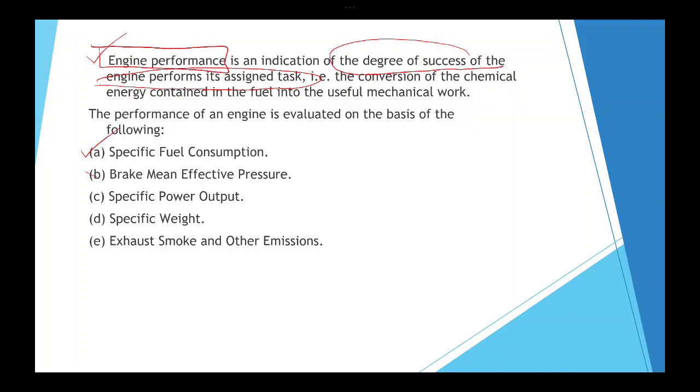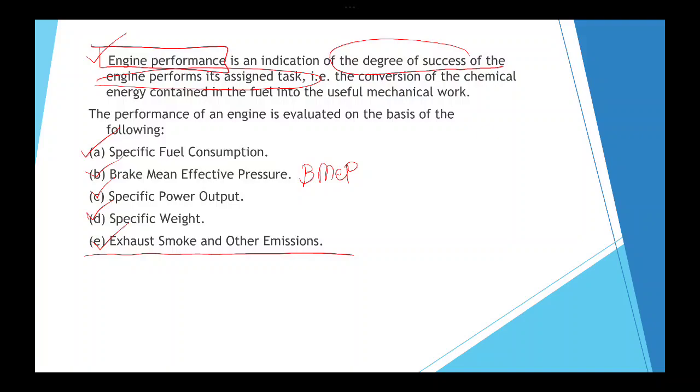Next is the brake mean effective pressure or BMEP. Next is the specific power output. Next is specific weight. And lastly, exhaust smoke and other emissions. Those are the five you are tasked to evaluate when asked to find the engine performance.